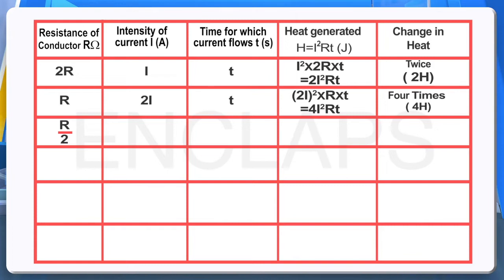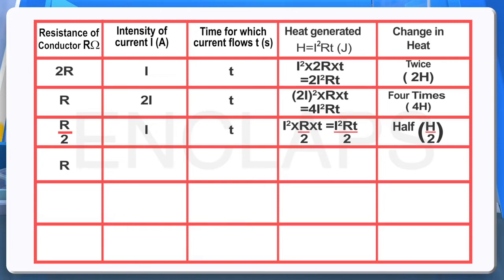R by 2 is the resistance, I is the current flowing through the conductor and T is the time taken. Then H is equal to I square into R divided by 2 into T equals I square RT divided by 2 equals H by 2. The heat has decreased to half the value.